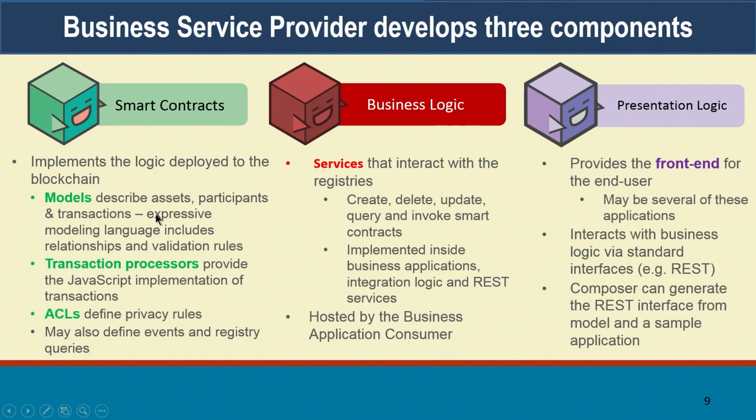So in the previous example, it was a set of vehicles, but you can think of it as any kind of assets that you want to define. And you're also going to define a set of participants who will participate in this network and a set of transactions. So these transactions are the business logic that will operate on the assets. So in the previous example, placing a bid would be a transaction, whereas the vehicle itself would be an asset.